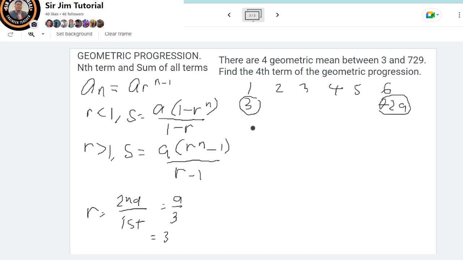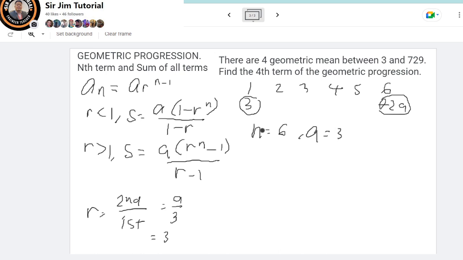So our n here is equal to 6. And then, of course, our a1 or a is equal to the first term, which is 3.